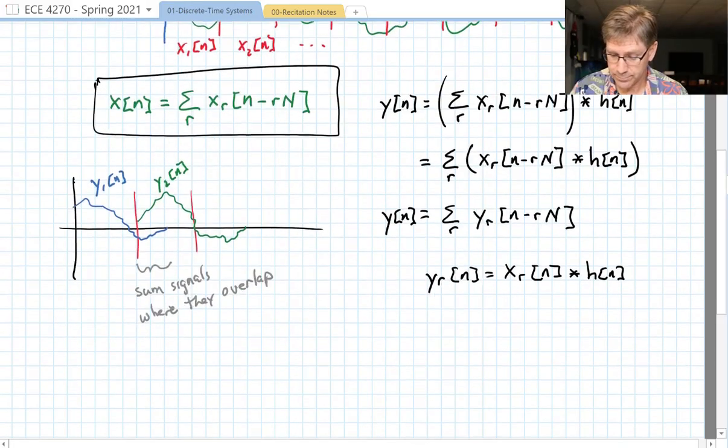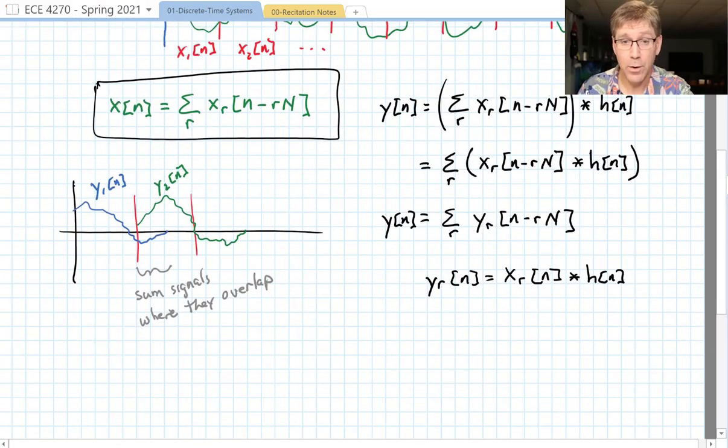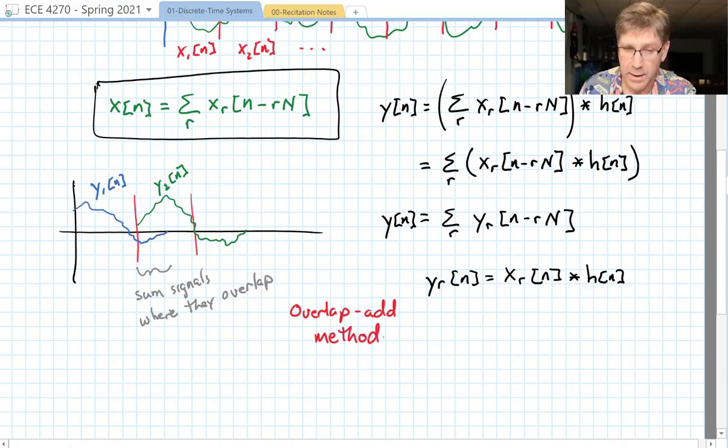And yeah, that works. That's about it. We call this method the overlap add method. And the output is the sum of each of those blocks.